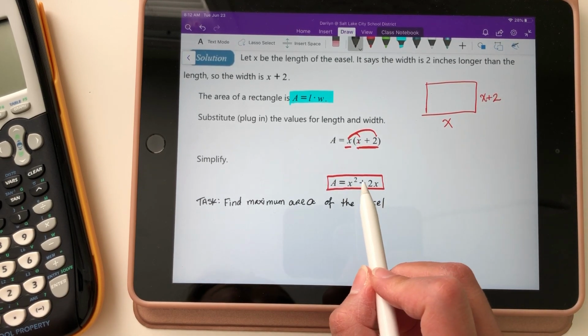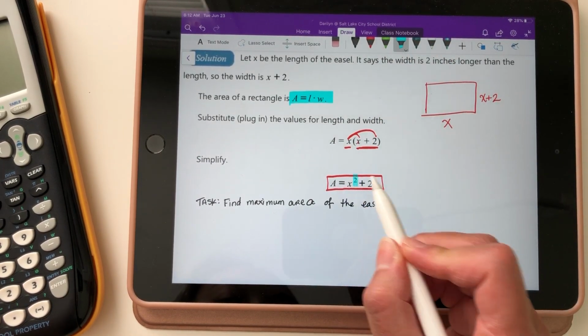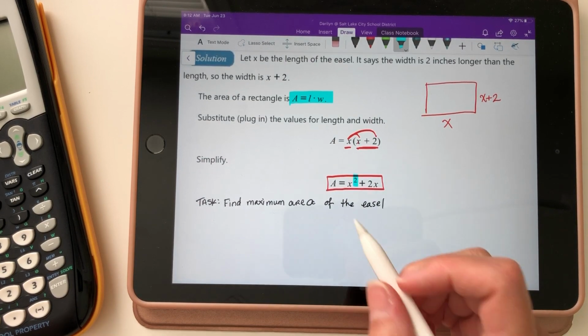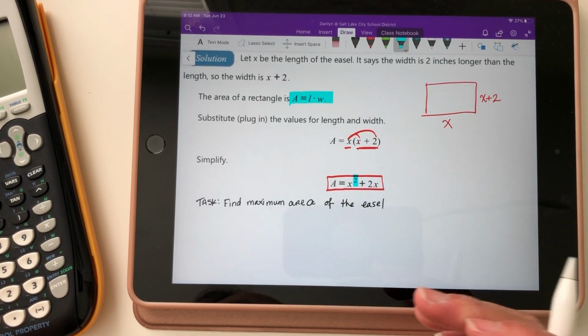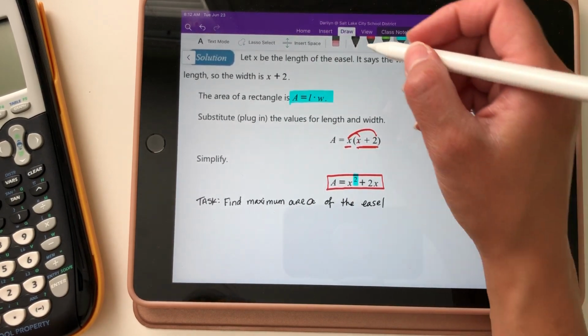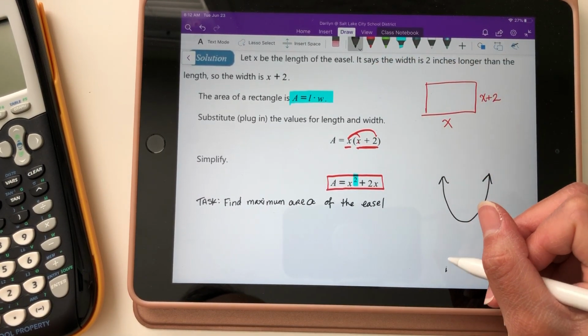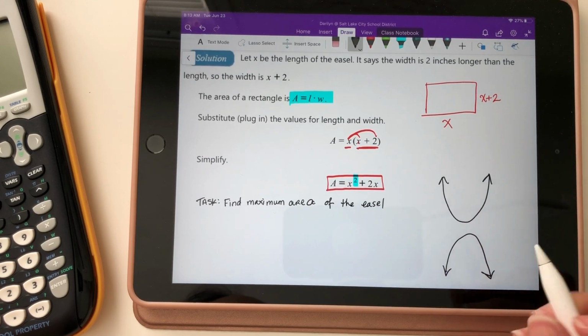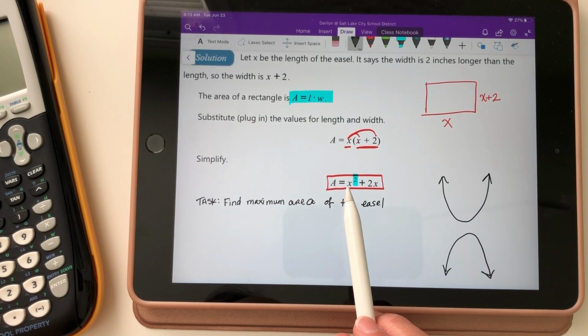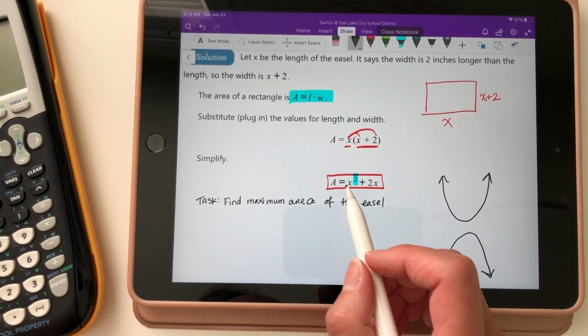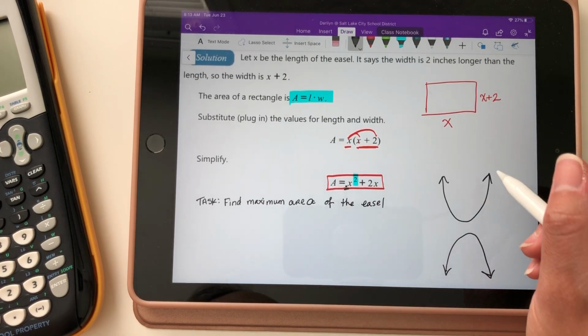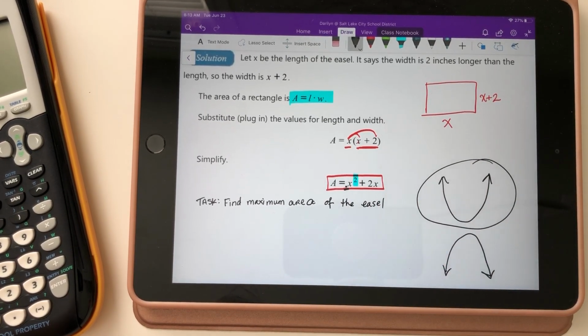So anytime you have a quadratic, which we do, the lesson is creating a quadratic. Notice we have an X squared. That means that that's going to be a smiley or a frowny. Okay, and actually in this case, because my quadratic has a positive number in front of X squared, it's going to be a smiley like that.